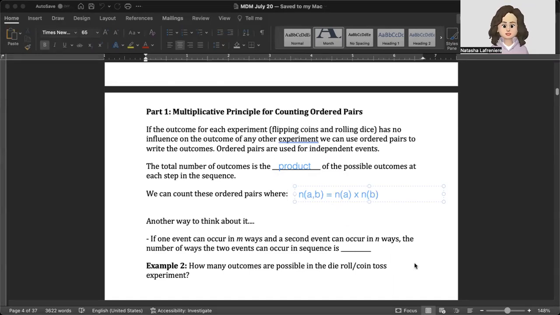So another way to think about it is if one event can occur in m ways, a second event can occur in n ways, the number of ways the two events can occur in sequence is m times n. Okay, so we're going to do some examples. Obviously, that was a lot of mumbo jumbo that might not make sense, or you can't visualize it. So I'm going to clear this and we're going to take a look at the examples.